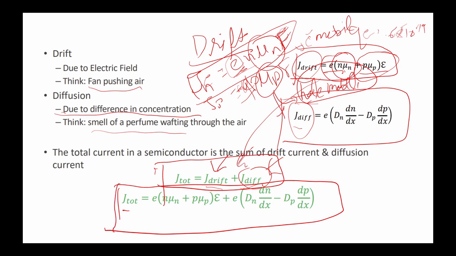These n, mu n, p, mu p are things we have already calculated in previous lectures. This n is the concentration of electrons in the conduction band. The electrons in the conduction band are free to move because there is an abundance of empty states.